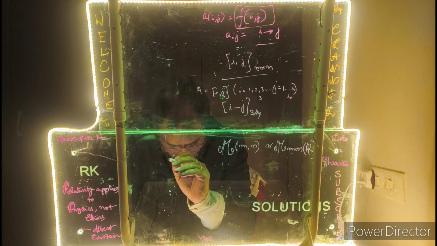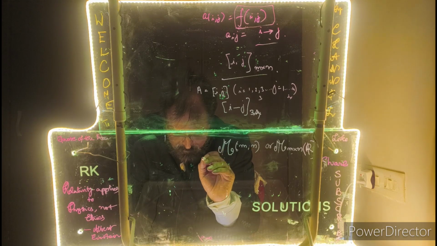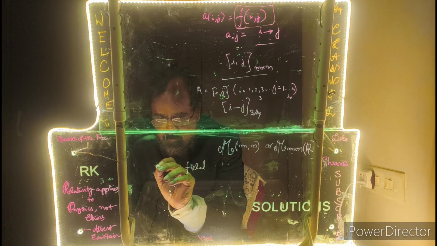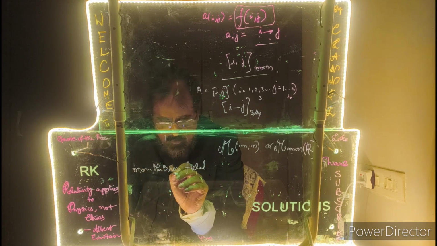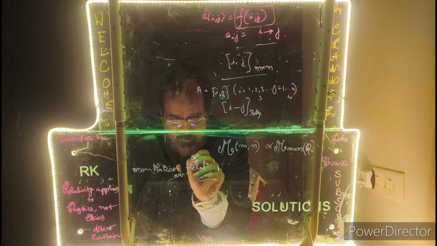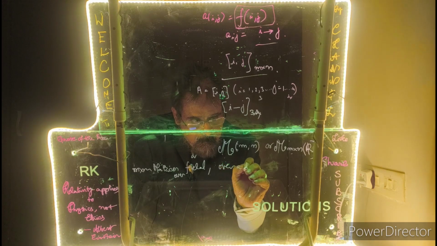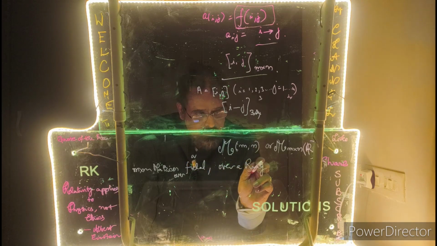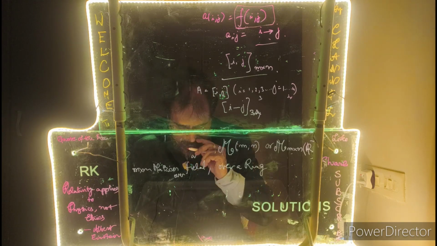The set of m by n matrices over another field. Let's say if they are over a field, n by n matrices over a field or over a ring. As I told you, a field is a ring is a group, but group does not mean ring, ring does not mean field.